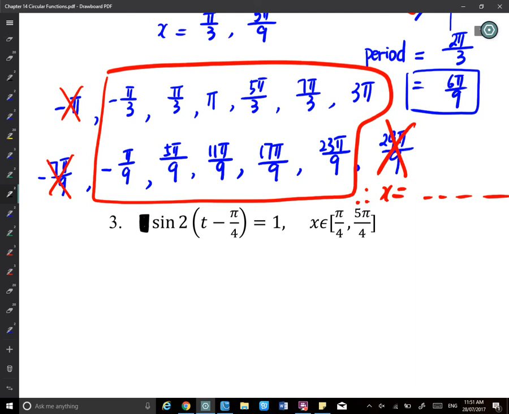Sine something equals to 1. 1 is what? Well, can I have 2? No. Can I have 1.5? It's the maximum. Yes, it's the maximum. 1 is the maximum point. Minus 1 is the minimum point of sine.